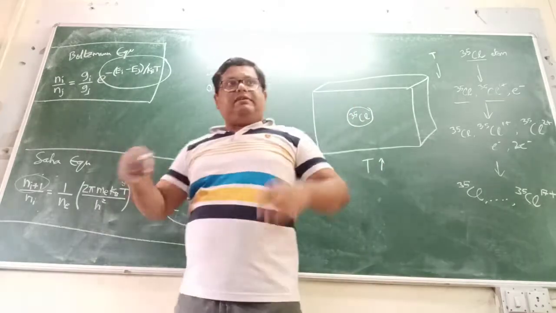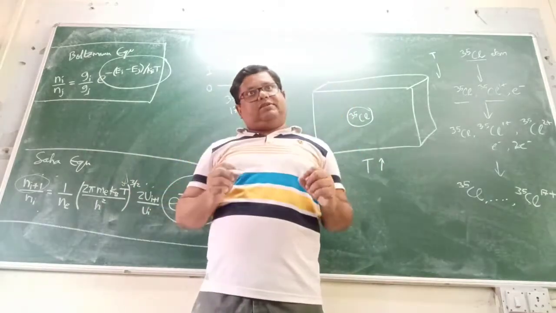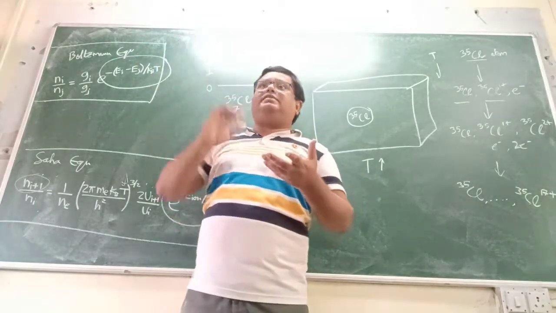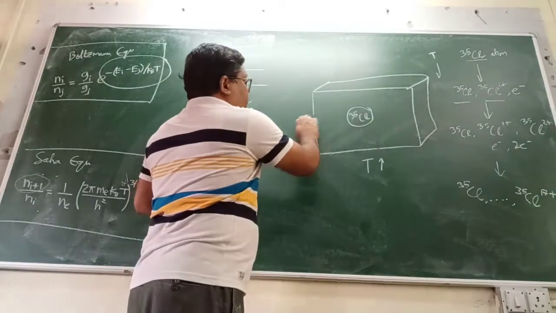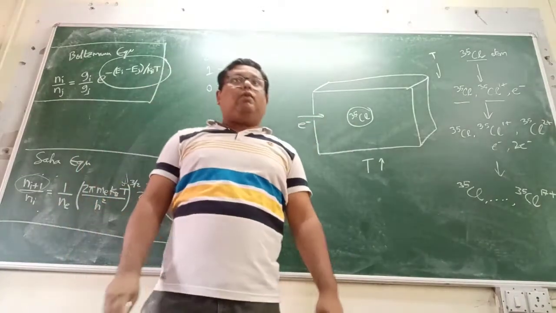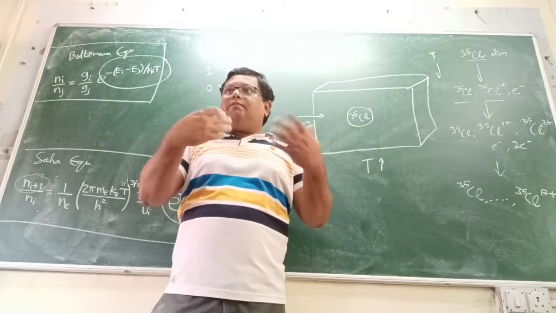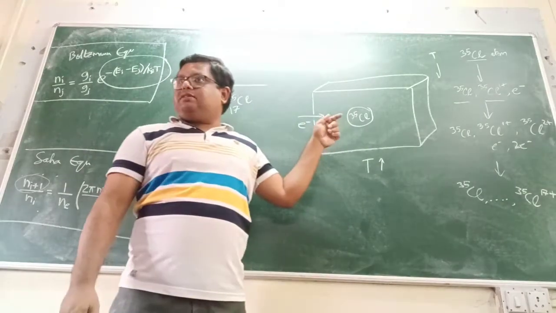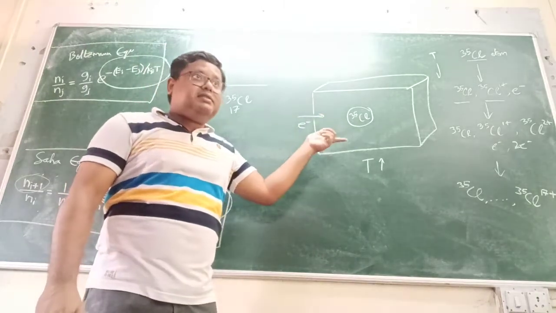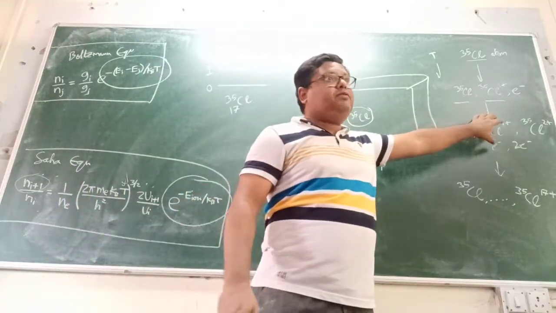Next, say temperature is kept fixed, and let me now increase the electronic density. Now I am putting more and more electrons into the system. What will happen? More and more electrons in the system will mean that the electron will have a chance of being recombined with the ions.